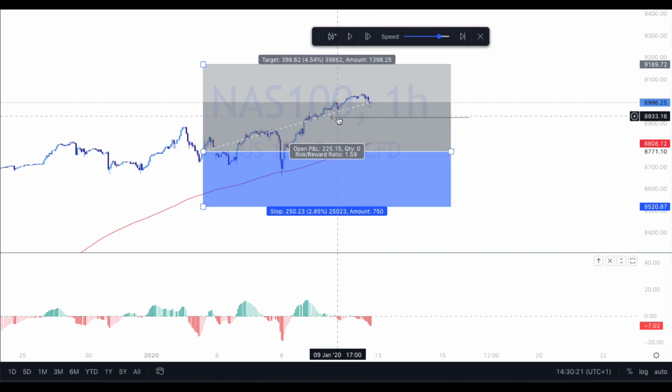You could actually do that with the pullback down to when the histogram goes into a negative. Okay, so for me personally, I use that as my trailing stop. So I lock in what I've already gained, right? So if market goes below this line, we can effectively say we've lost the trade.